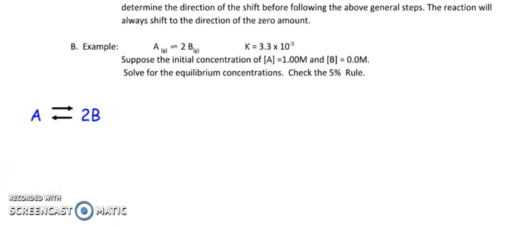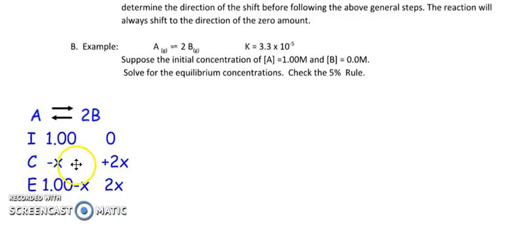So here's a general equation, and look at that k value, 3.3 times 10 to the negative 5th. So what am I going to say? Ich bin sehr fröhlich, because probably we're going to be able to drop the x value. So what do I mean by that? Well, here's my ICE table. I start out with 1 molar of A, 0 molar B. It's going to go to the right because I have a 0 in the B part.